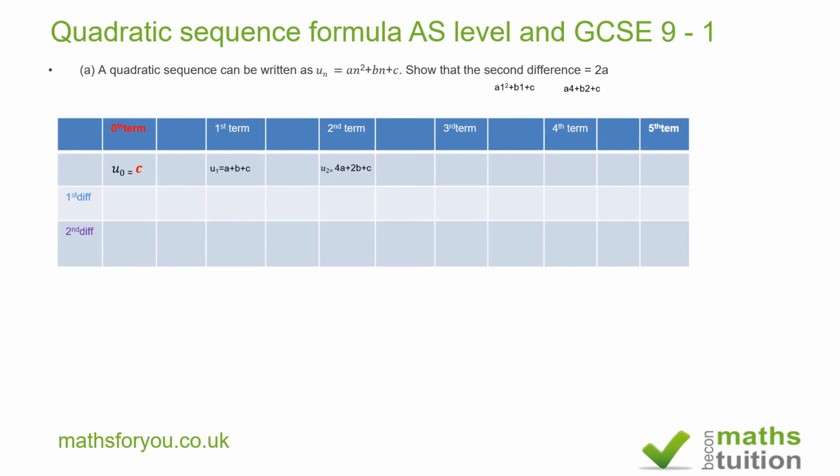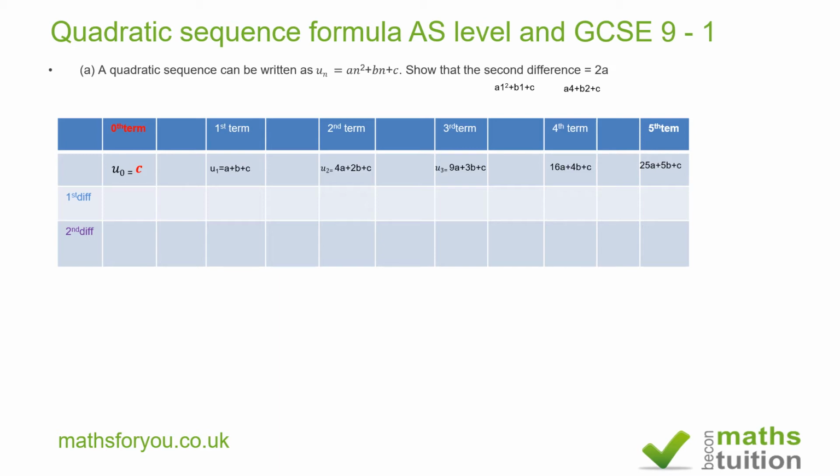Similarly, u sub 3 will be 9a plus 3b plus c. u sub 4 will be 16a plus 4b plus c, and u sub 5 will be 25a plus 5b plus c.